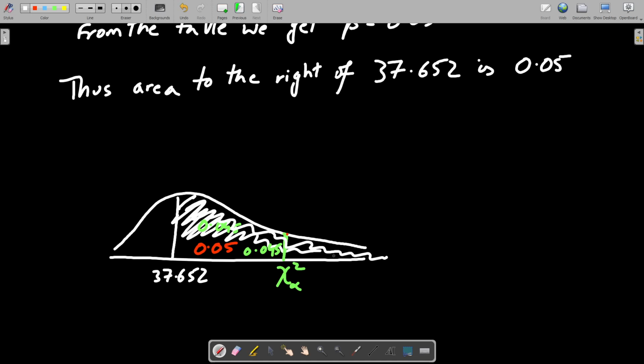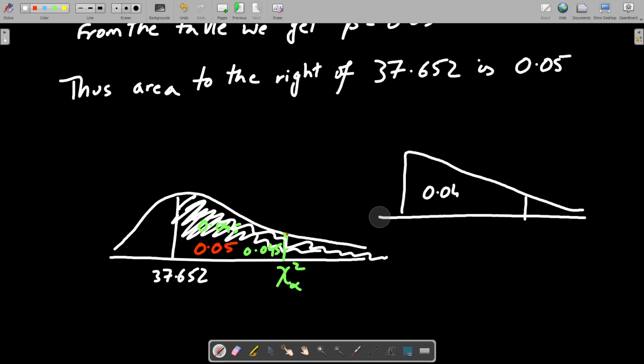So how much will this remaining shaded region be?